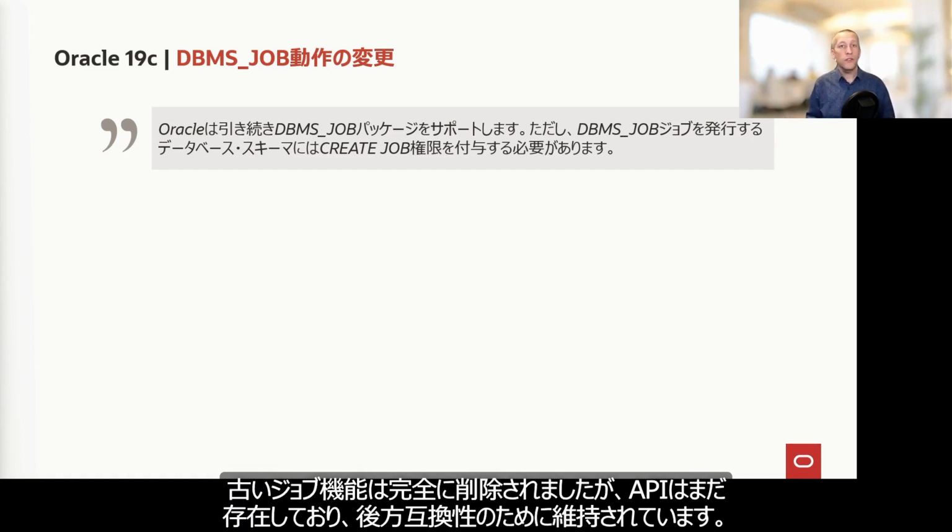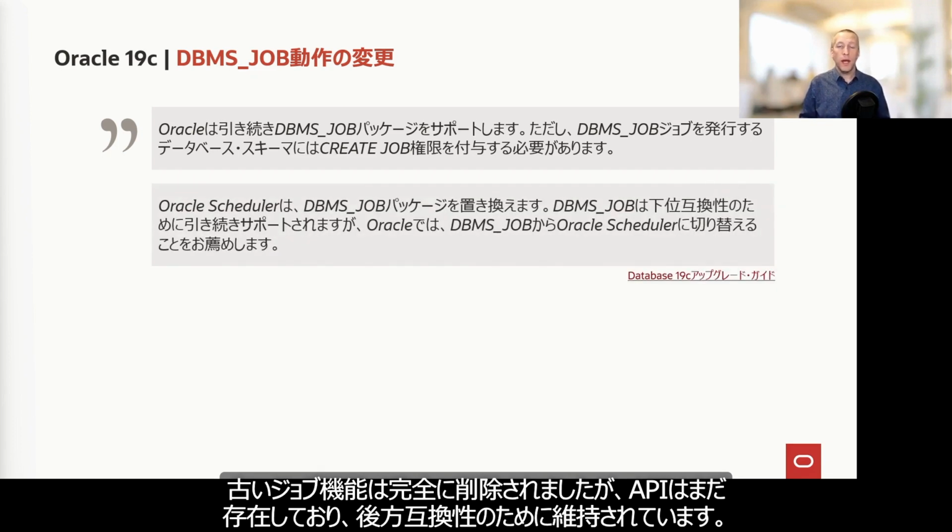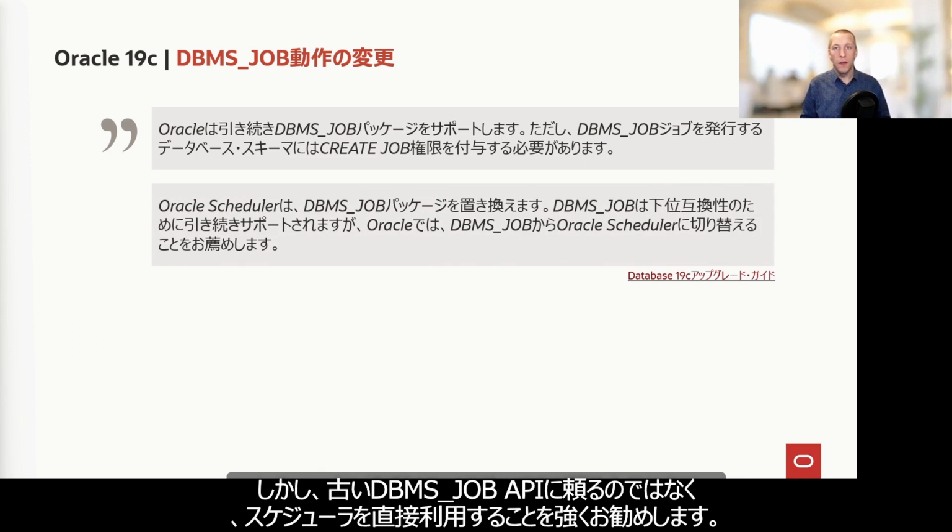The old job functionality has been completely removed, but the API still exists and we maintained it for backwards compatibility. But we strongly recommend that you look into using the scheduler directly instead of relying on the old DBMS_JOB API.